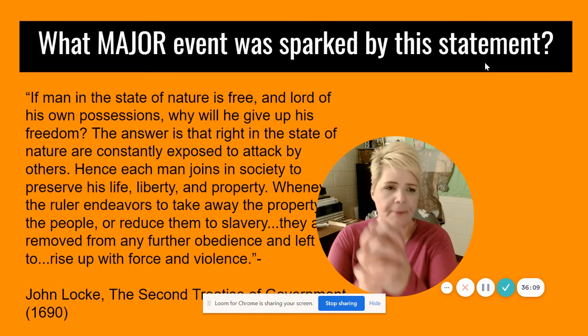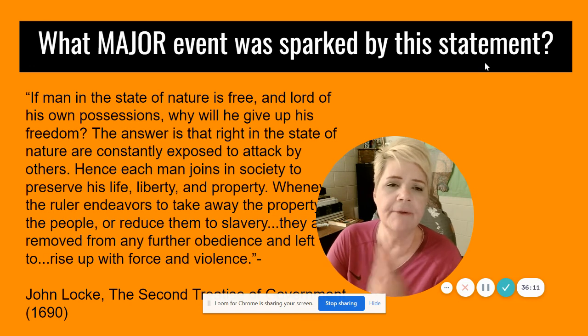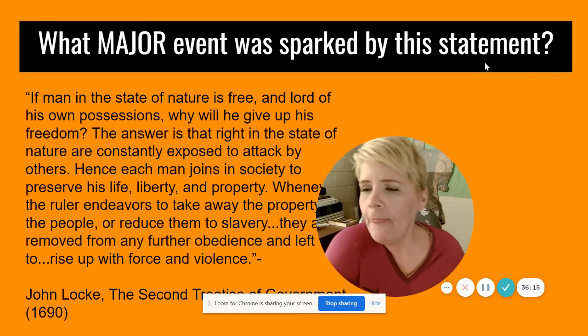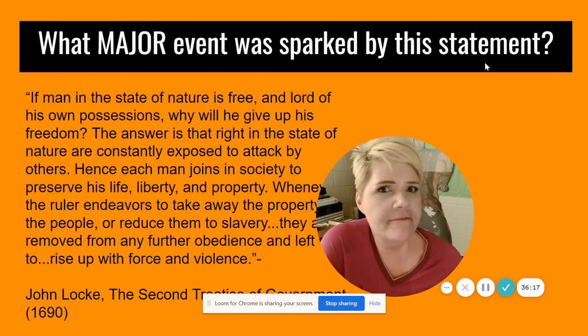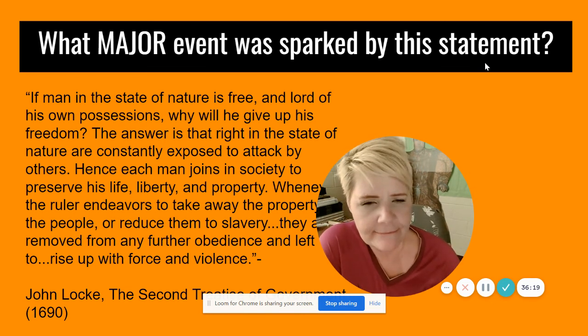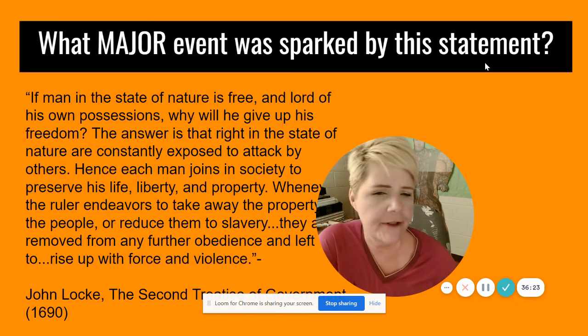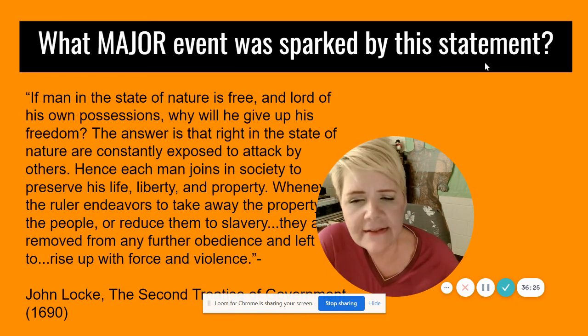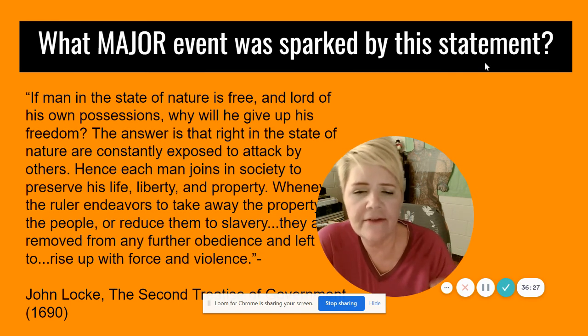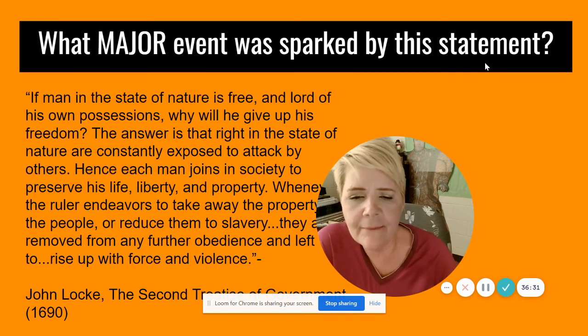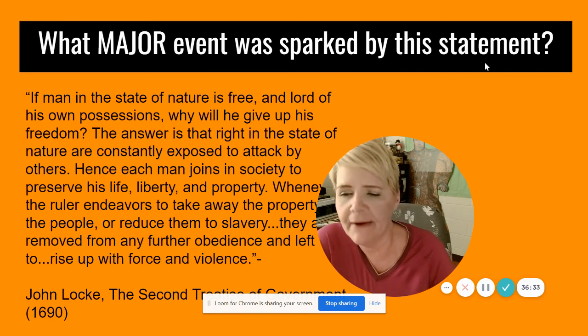Then we have to read this paragraph. Okay, and I'll read it for you. Ready? If man in the state of nature is free and lord of his own possessions, why will he give up his freedom? The answer is that the rights of the state of nature are constantly exposed to attack by others.